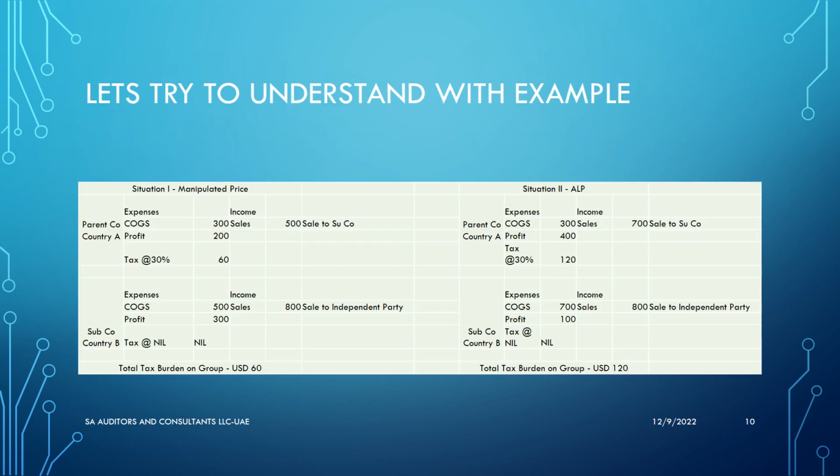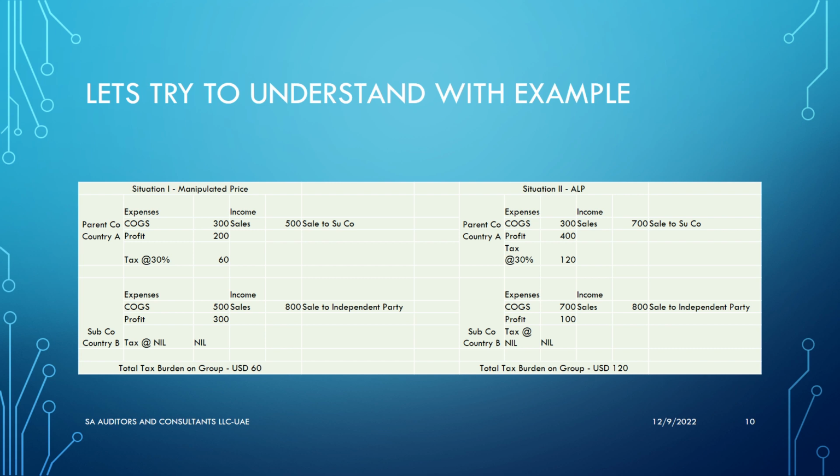Let's try to understand transfer pricing with one more example. Scenario 1 is a manipulated price. Scenario 2 is at arm's length price. Let's discuss situation 1 first. Here, parent company A is in country A, and the subsidiary company is in country B. The parent company is selling to the subsidiary company at 500.